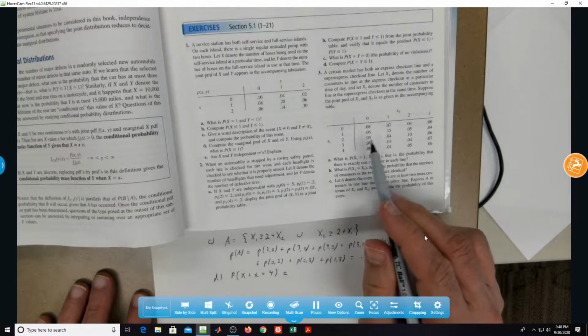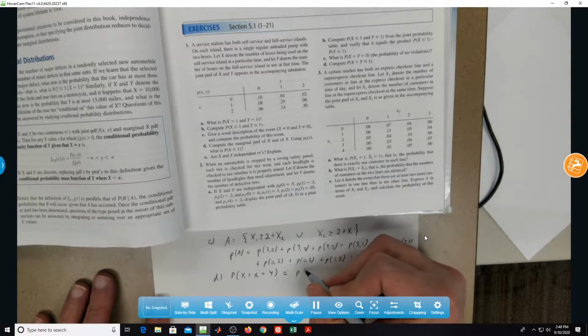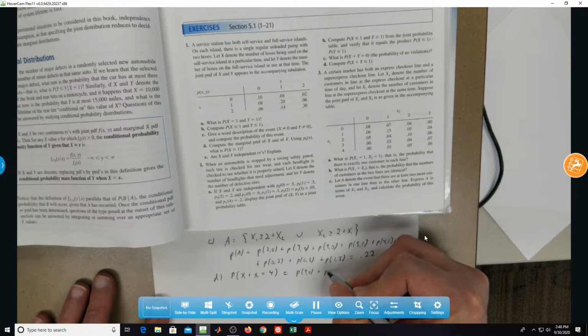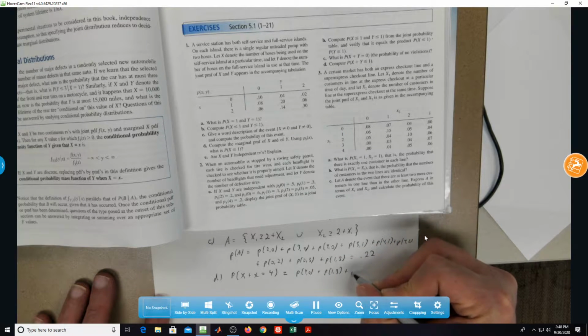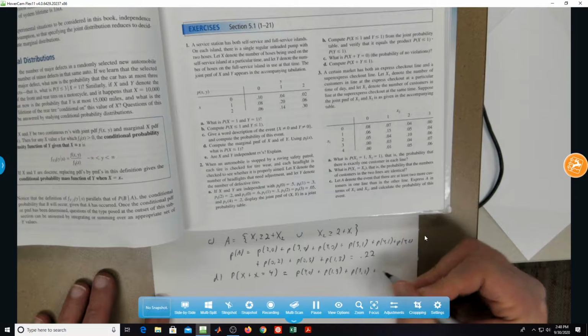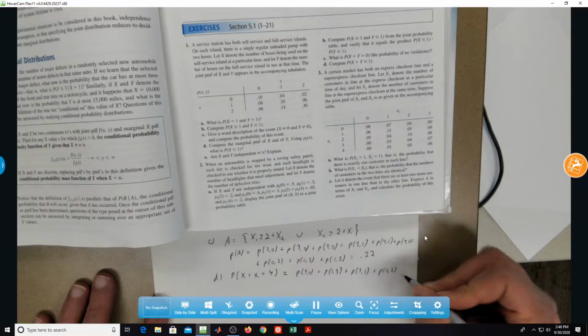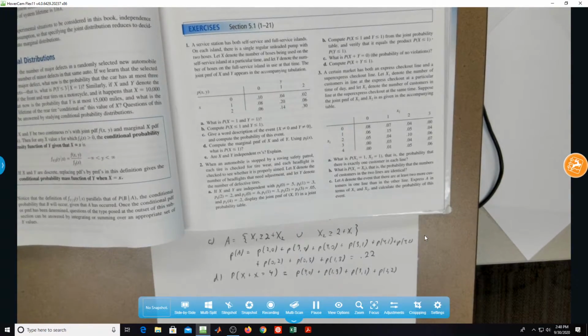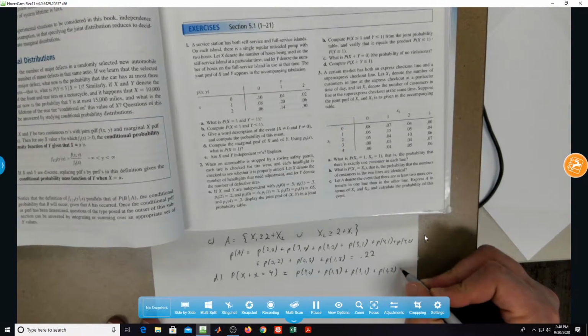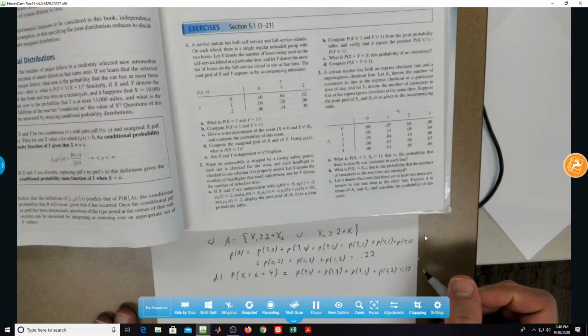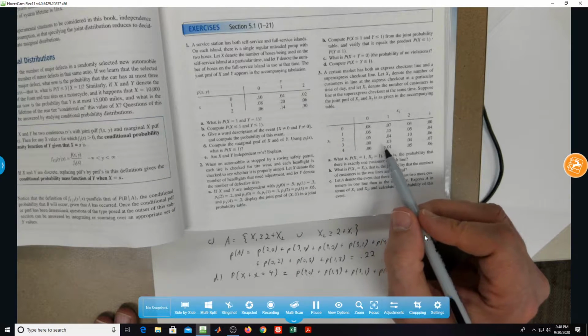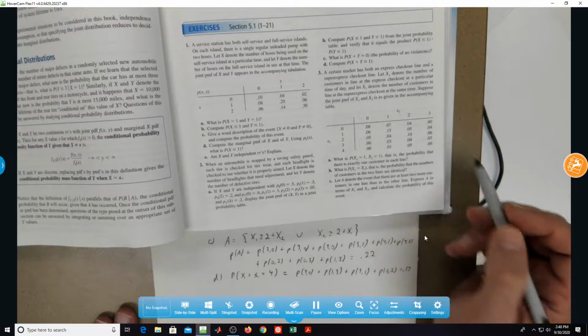Well, let's see, we could have (4, 0) plus the probability of (1, 3) plus the probability of (3, 1) plus the probability of (2, 2). I think that's all of our possibilities, and if you add those all up, you get 0.17.